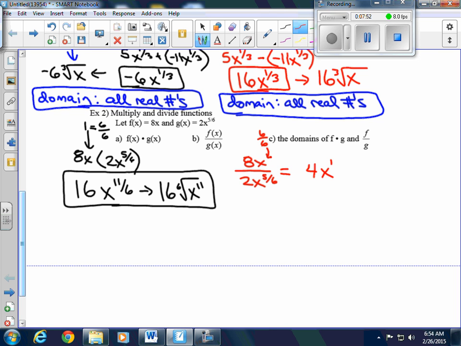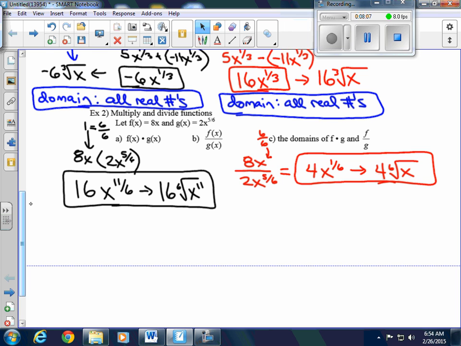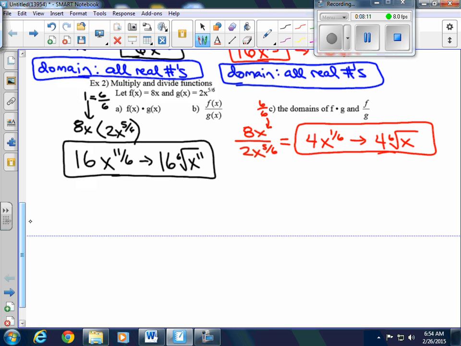So that's x to the 1/6. And again, I'm going to write this in radical form. And you can write it whichever way you want. It just might help us see the domain in this case a little bit better. So we're going to talk also now about the domain.